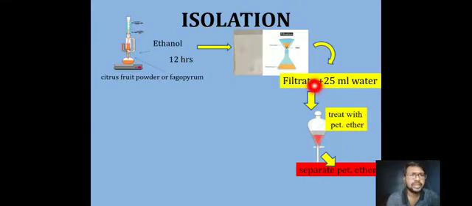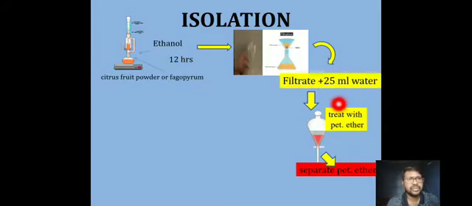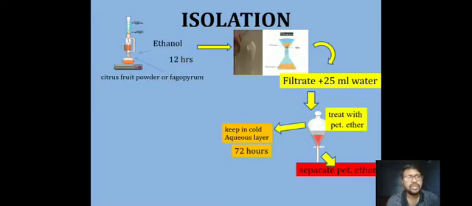Transfer the mixture of petroleum ether and the aqueous filtrate into a separating funnel and separate the petroleum ether to remove the traces. Next, the aqueous portion is collected and kept in the cold for 72 hours.